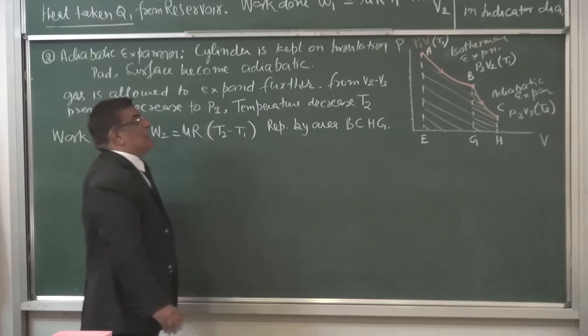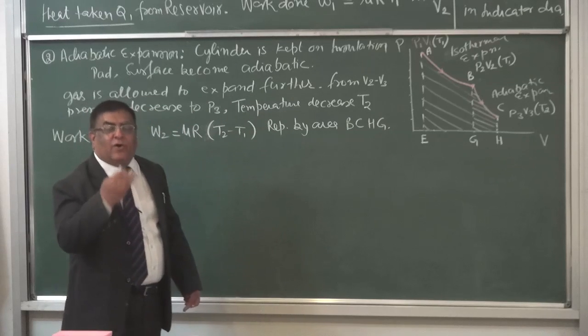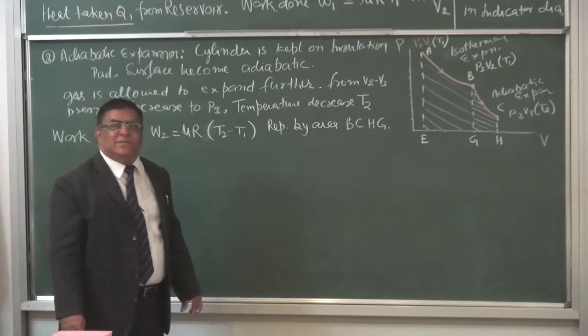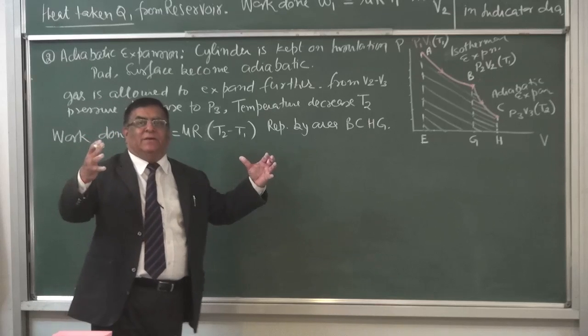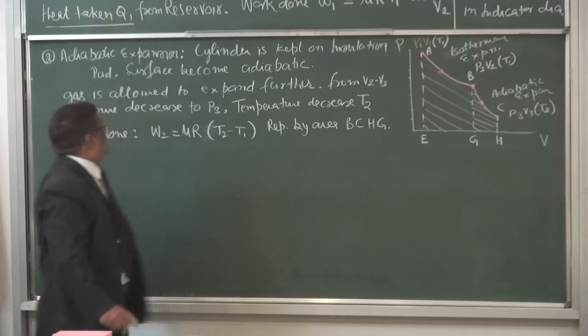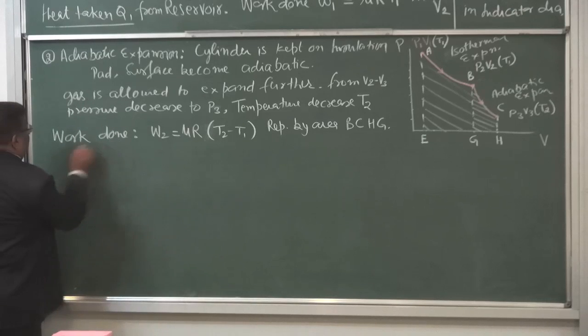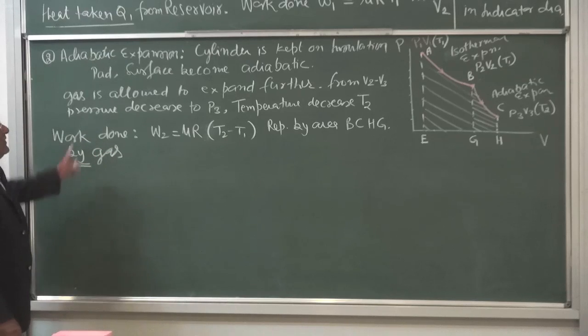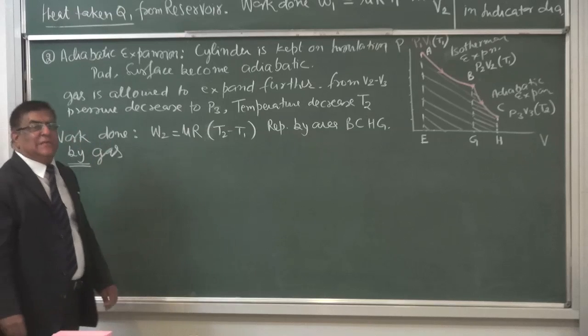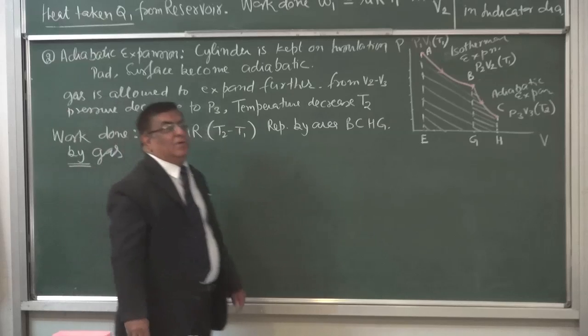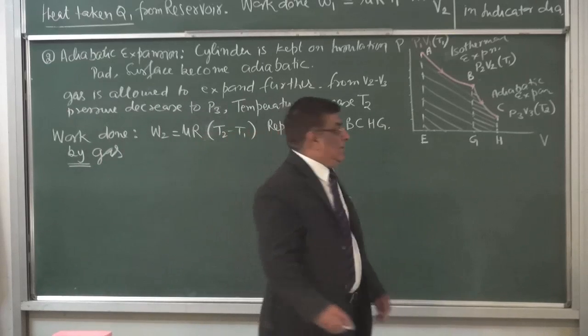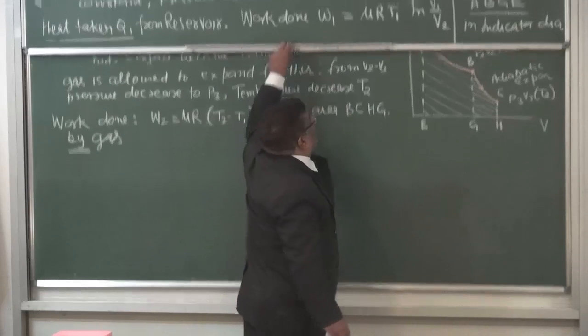Is the gas doing the work, or are we doing the work on the gas? The answer is the gas is expanding, so work is done by the gas. This is important. So work done by the gas is this much. This is our explanation of the second process. Now, what has happened so far? So far, it has expanded fully.